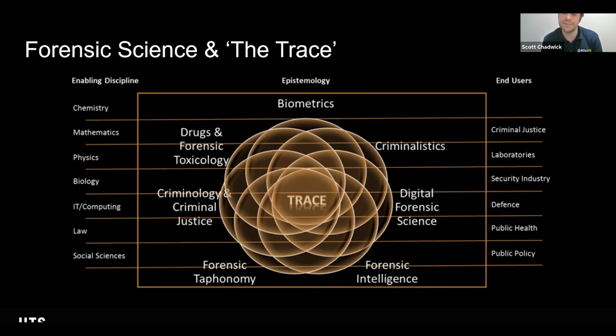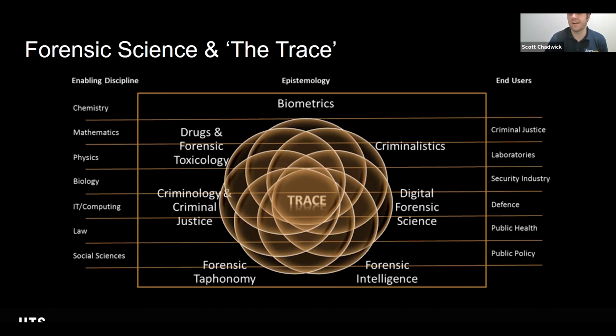And these feed into our different disciplines in forensics. So for instance, in the area of drugs and forensic toxicology, if we want to understand how drugs are made and how clandestine labs are making these drugs, well, we need to have an understanding of chemistry. Now, if we want to understand how the drugs are interacting with people's bodies and what the negative effects of taking these drugs are, well, we're going to have to understand some biology.